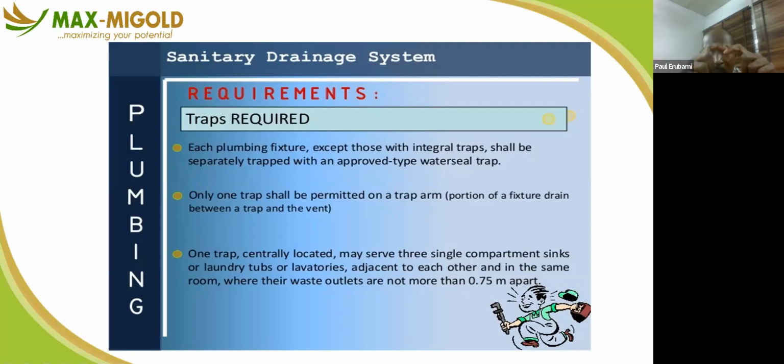Then the main pipe that contains all the waste out will be one, but each of them should have their own what? Trap. Only one trap shall be permitted on a trap arm. One centrally located trap may serve 3 single compartment sinks or laundry tubs or lavatories. That is only for what? When you have laundry tubs or lavatories, but when it is your urinals, you can't use just one single trap.